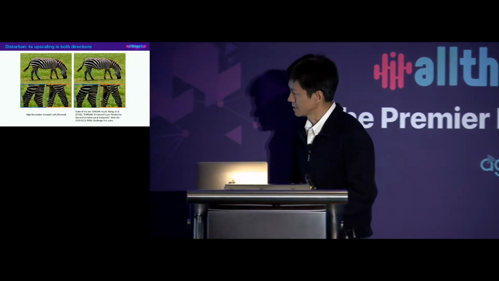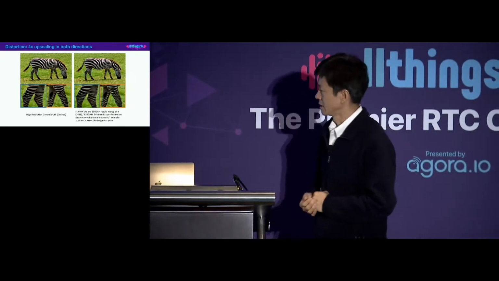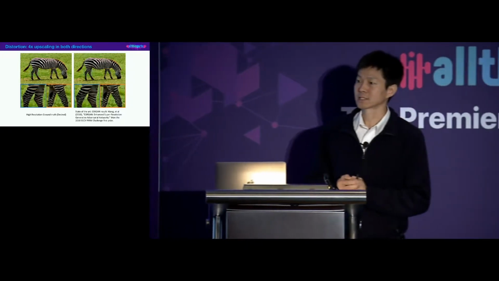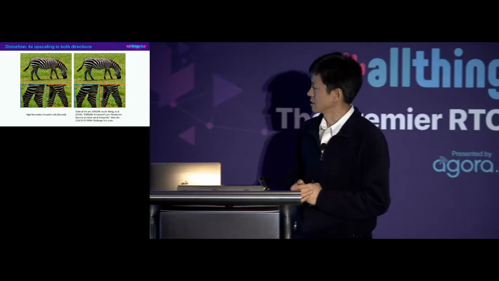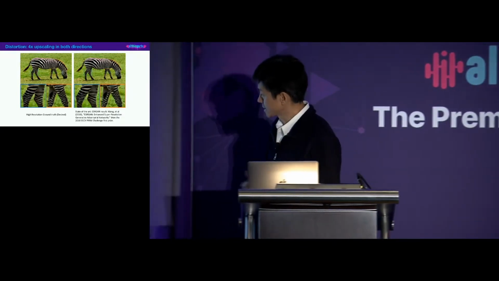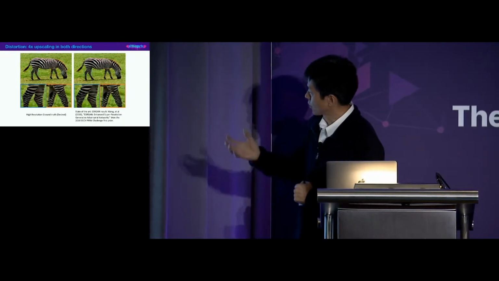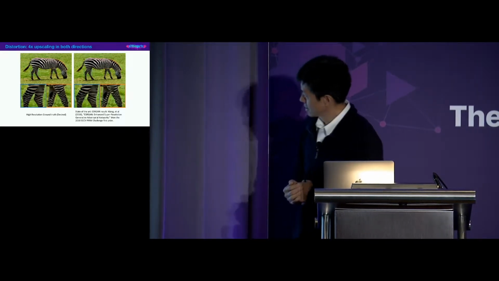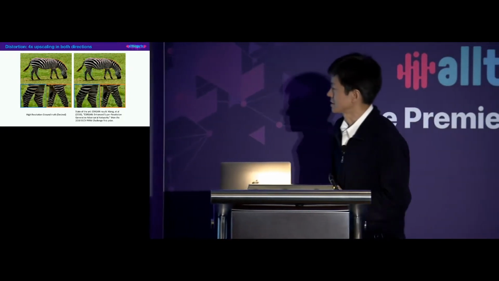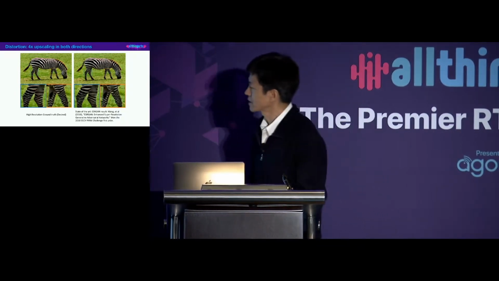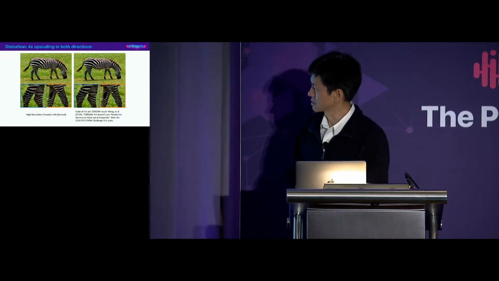On the right-hand side is the state of the art, a model called ESRGAN, which won first prize at the 2018 European Conference on Computer Vision. Even with this state of the art, you can see that the stripes on the zebra legs are distorted a lot and not even close to the original. So the faithfulness, the fidelity, is bad.